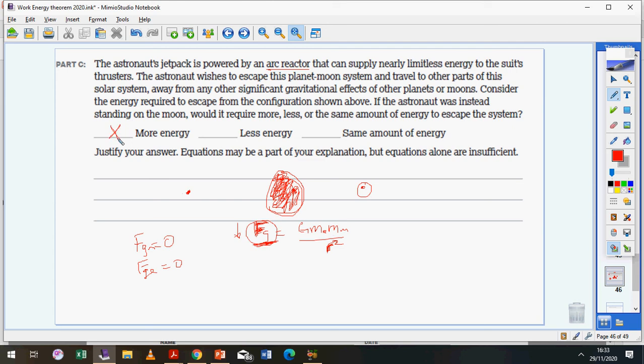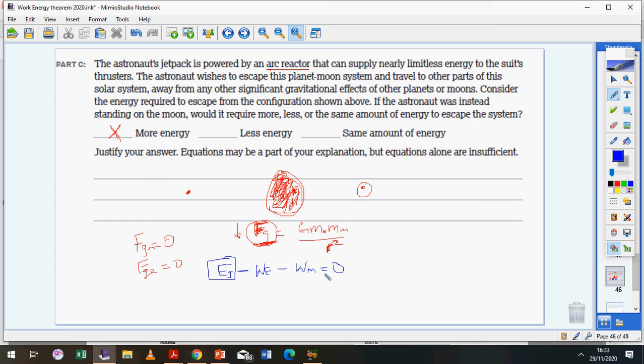So let me explain this from an energy perspective. The work done by his jetpack, minus the work done by the Earth on the guy, minus the work done by the moon on the guy, must be at least zero. The jetpack's work must be at least equal to these two for him to escape their gravitational pull.